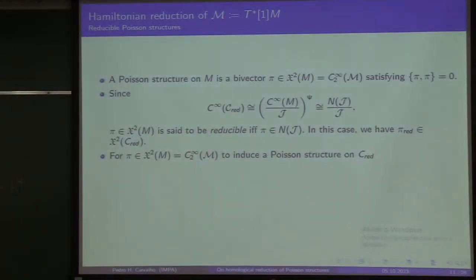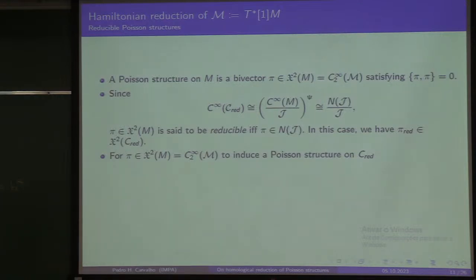Since you have this relation here. And so in this case, we have a corresponding reduced Poisson structure, right? Because if it's a normalizer, you can consider the corresponding class here, and it defines for you a bivector in the quotient, okay? And it satisfies this condition because it already satisfied its condition above, okay?